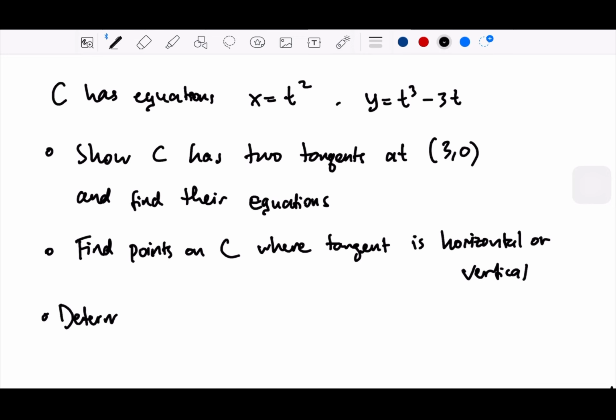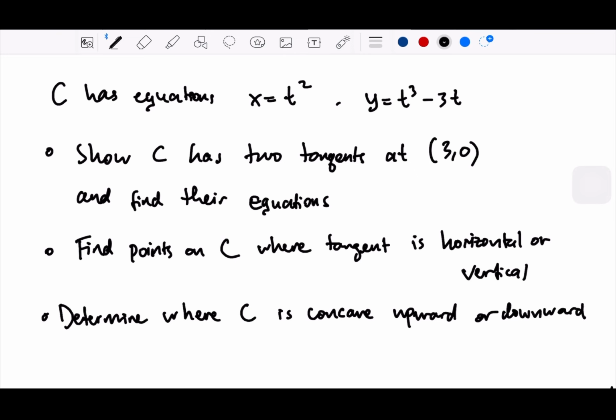Then determine where C is concave upward or downward. I hope you still remember the terms. And the last one is sketch C.